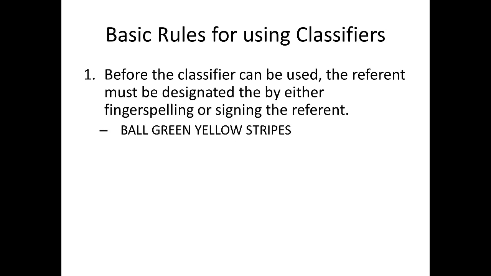An example: before you would use a classifier to represent a ball with green and yellow stripes, you would need to sign the object. And then you could use, for example, an S classifier to represent the ball.